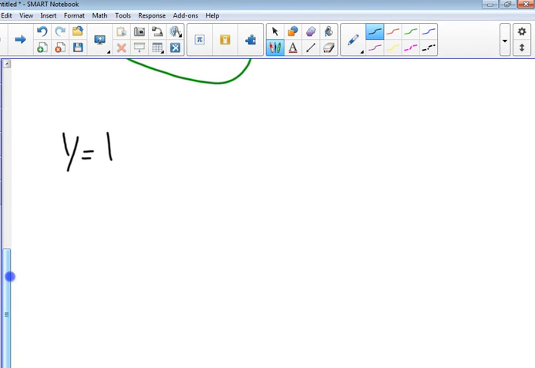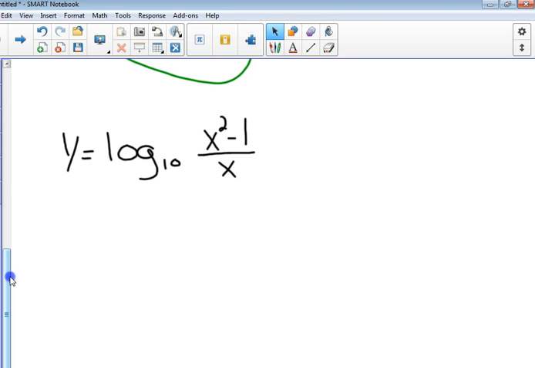y equals log base 10 of x squared minus 1 over x. Okay. Now sometimes if this portion is not nice to work with, like last time it was just a nice little polynomial, this one looks pretty tough because usually you let that be u and find the du of this.